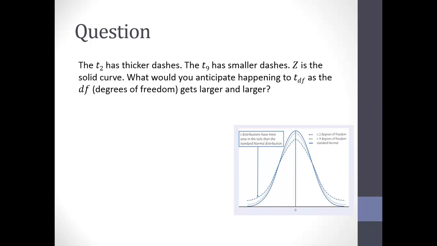As you go down to the 9 degrees of freedom, you're getting less heavy in the tails. So, question: what would you anticipate happening to the t distribution as the degrees of freedom get larger? What would you anticipate happening to the edges of the distribution?